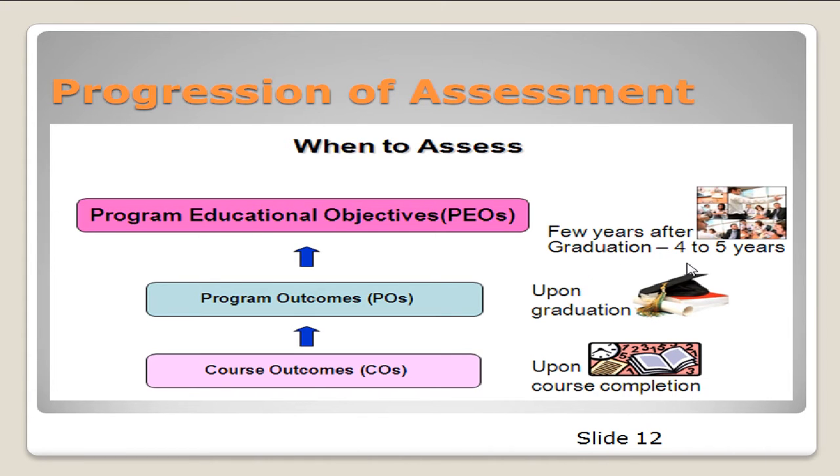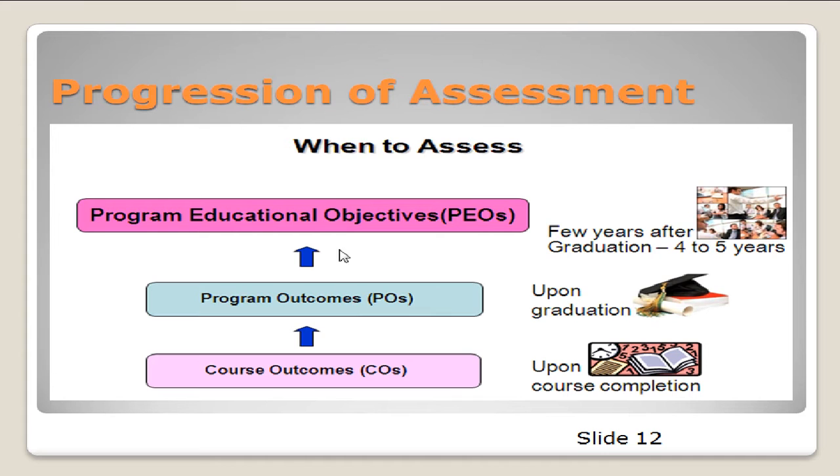This is after 4 to 5 years of graduation: where the students are, what kind of qualities they retained, and whether those qualities are in line with what we predicted while we formulated program educational objectives. Okay, we have already seen course outcomes.